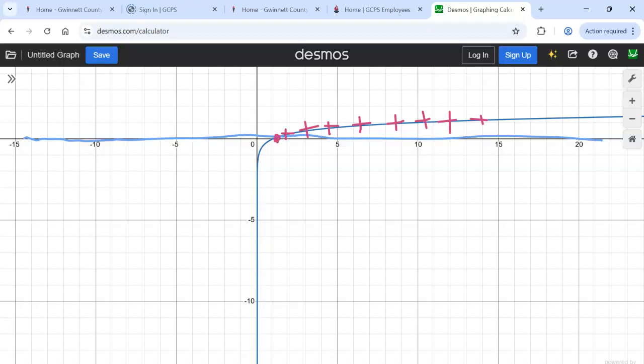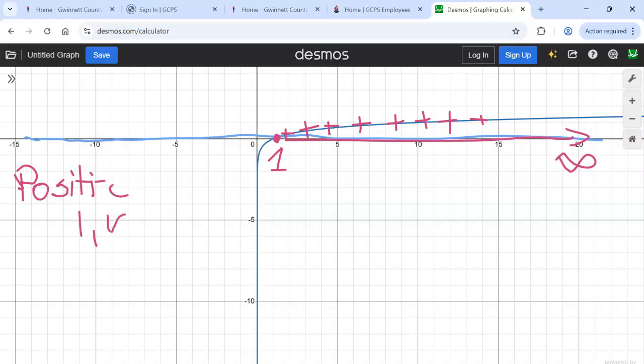X-intercept. X-intercept seems to be at 1. So that means, again, reading it left to right, 1 to infinity, all the function is above it. So positive numbers are going to be 1 to infinity.